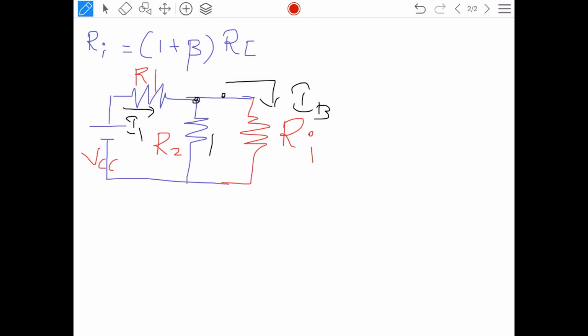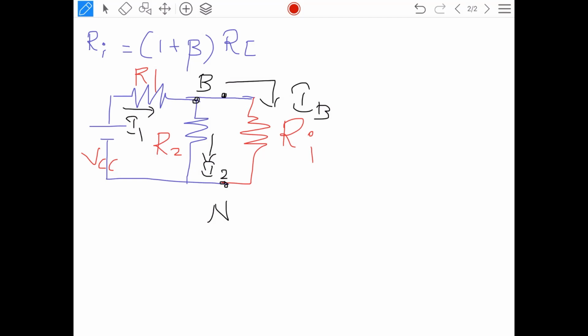The other current, which flows through the R2 resistance, I am going to call I2. I am assuming my base here and the ground as a neutral terminal here. This is the input equivalent, the approximate equivalent of the input part of the circuit.